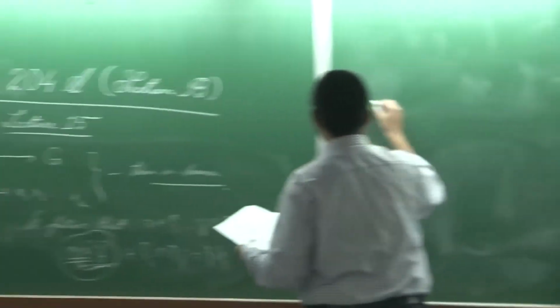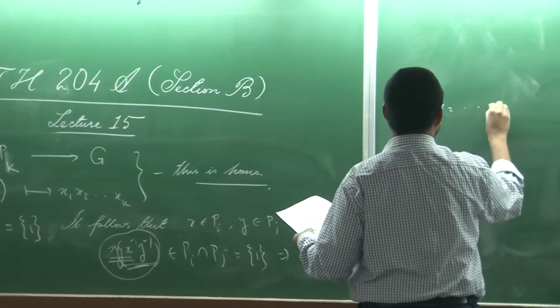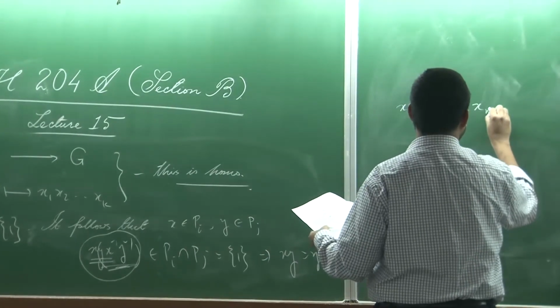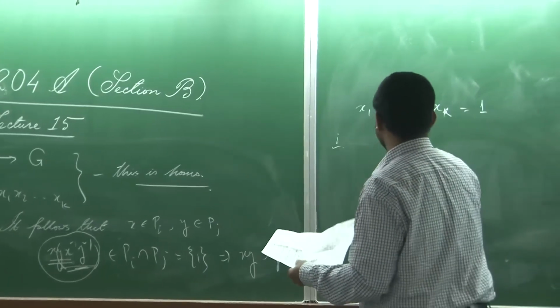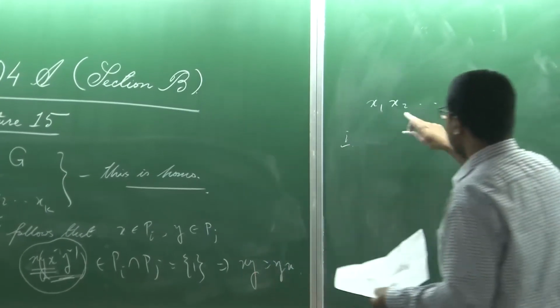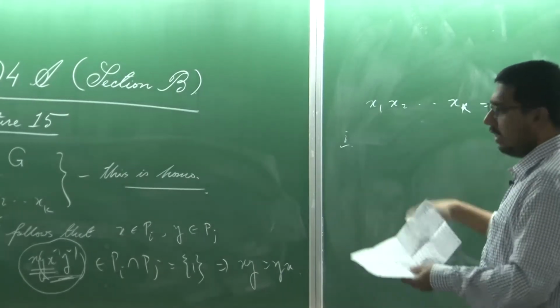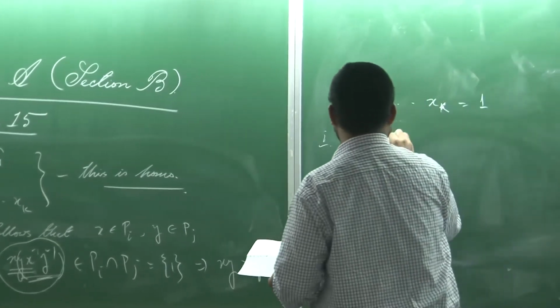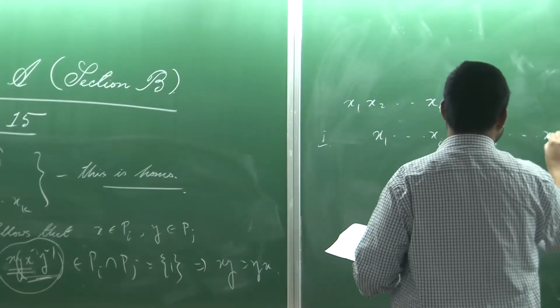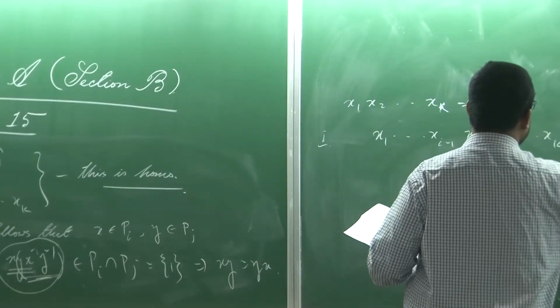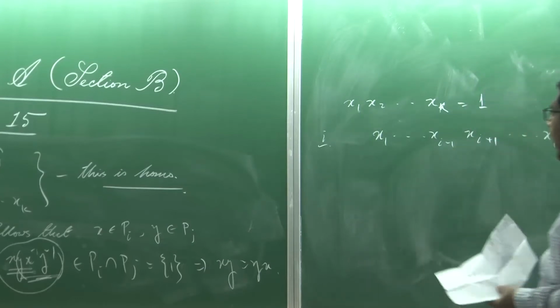So suppose x1, x2, up to xk is 1. You fix any i, I do not care. Since they commute, you can write x1 up to xi minus 1, xi plus 1, up to xk is xi inverse.